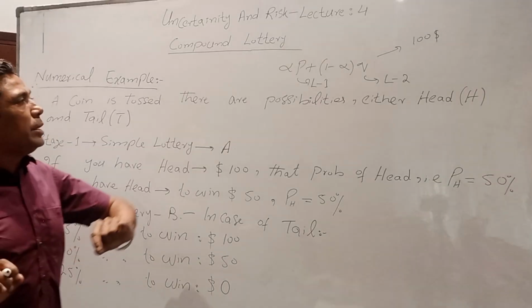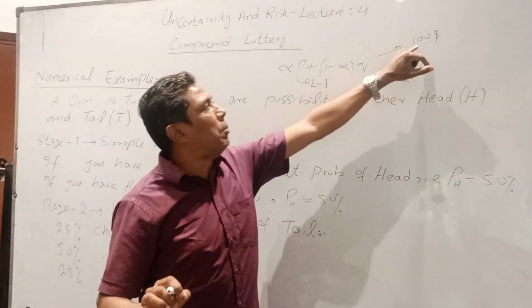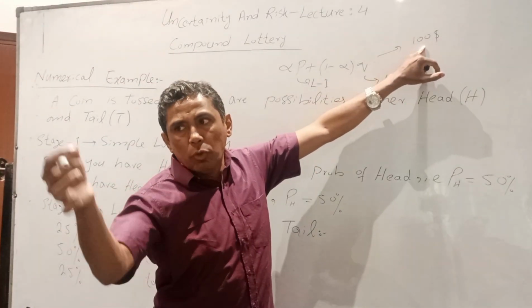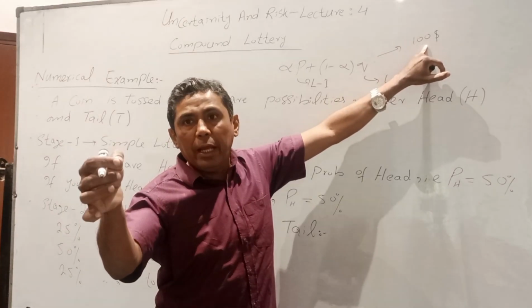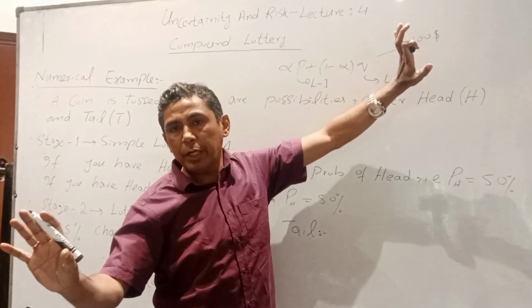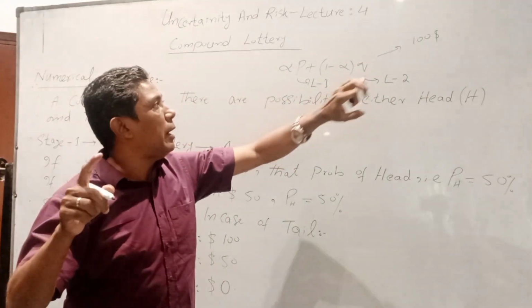You need to multiply the probability of $100 through both lotteries by the probability of playing lottery A or lottery B, right? Clear?